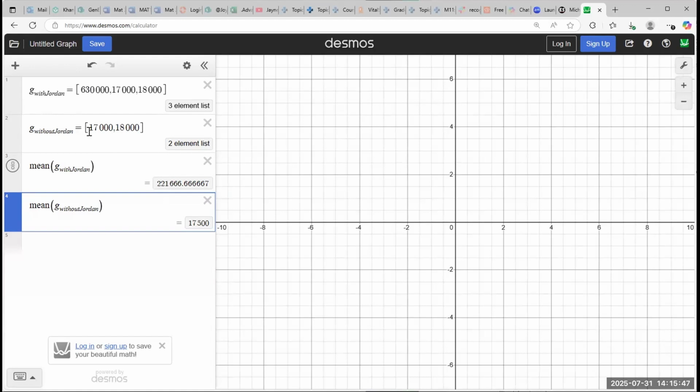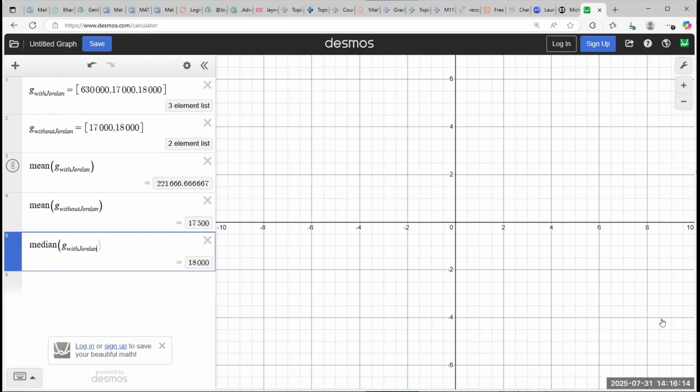If we take the mean without Michael Jordan, look at that, 17,500. Whenever we have one really big or really high value, we prefer to talk about the median. Let's look at the median. I can do the same thing, median with Jordan, 18,000.